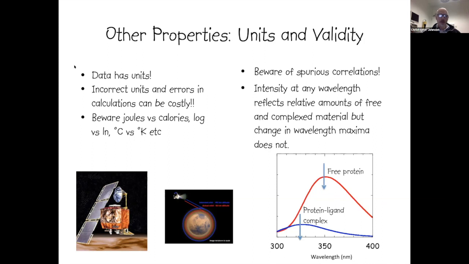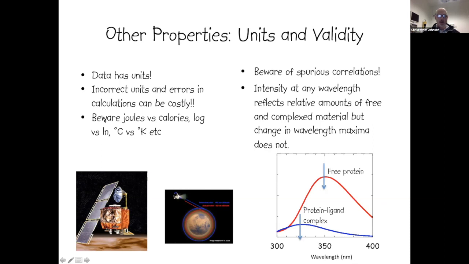And where people have used incorrect units or made errors in calculations, this can definitely be extremely costly. You only need to think about the Hubble telescope being one example, and then this Mars lander that they attempted to land on the surface of Mars. Somebody had used a deceleration value in an imperial unit rather than a metric unit, ending in the demise of the lander and costing large amounts of money.